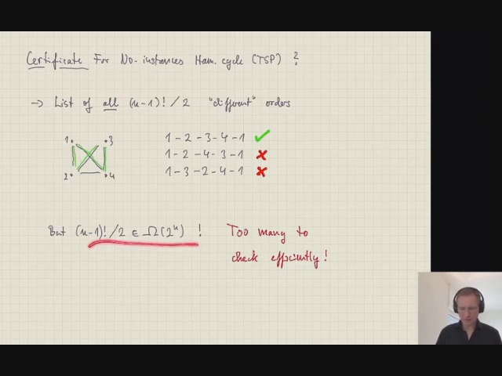So that's of the order at least 2 to the n. That's too many to check efficiently, efficiently meaning in polynomial time. So for the Hamilton cycle or the traveling salesman problem, the only certificate that I can come up with has exponential size.